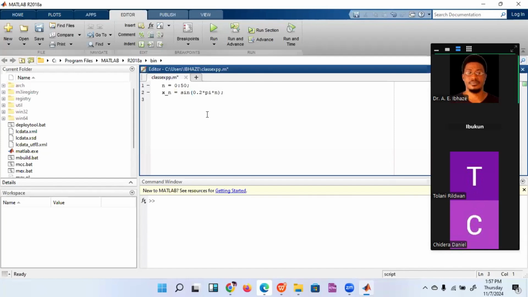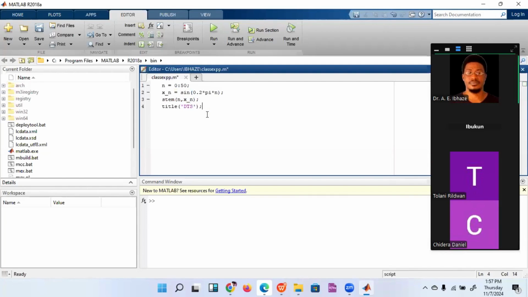Then we now want to plot. For the continuous time signal, we use plot. Now that I want to do discrete time, we use stem. Those are just some keywords you should take note of. So stem of n, comma, s underscore n, and we suppress that. The next thing is to give it a title: this is a discrete time signal.